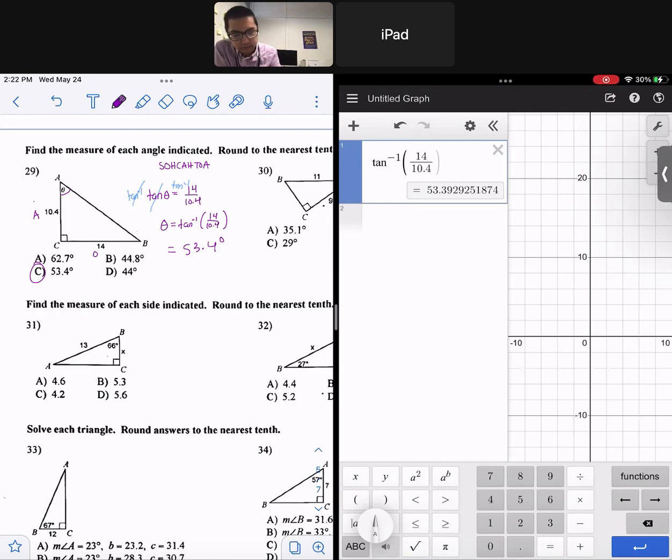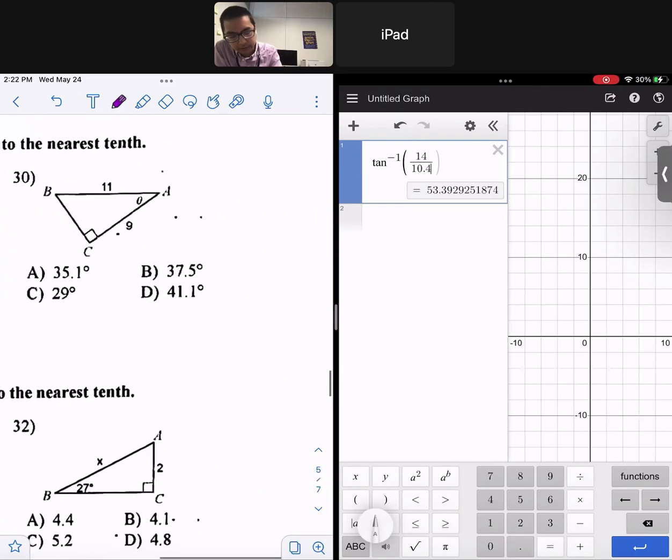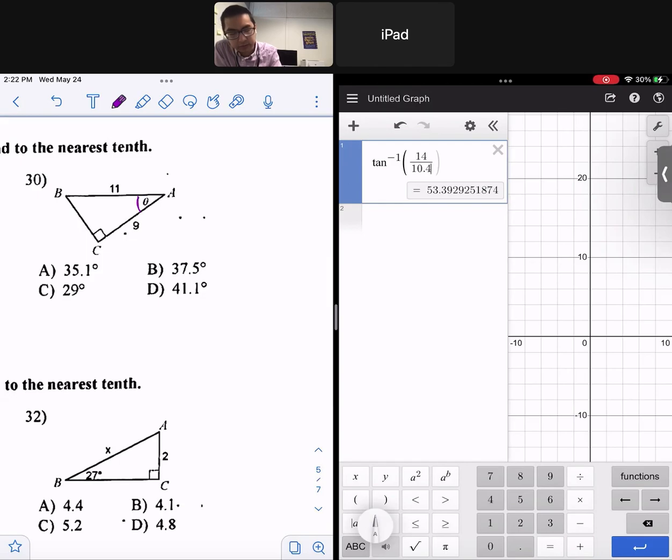Okay. Number 30. Again, in the perspective of this angle, this is hypotenuse and this is adjacent. So the one that uses A and H is cosine. So cosine theta equals adjacent over hypotenuse. Take the cosine inverse to both sides, because this will cancel off the cosine.